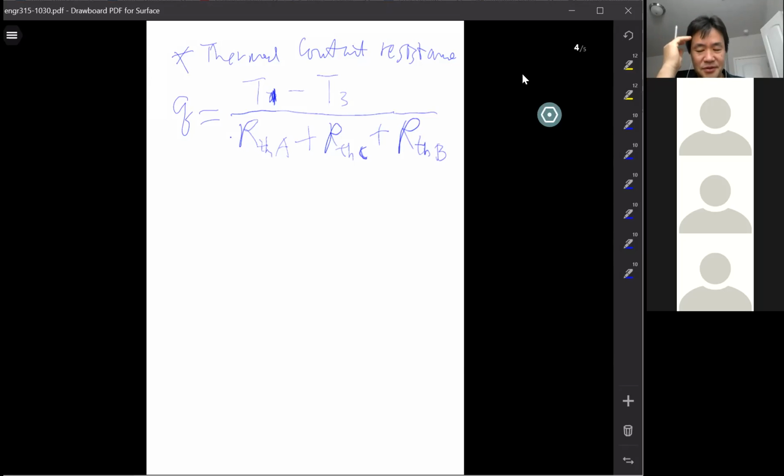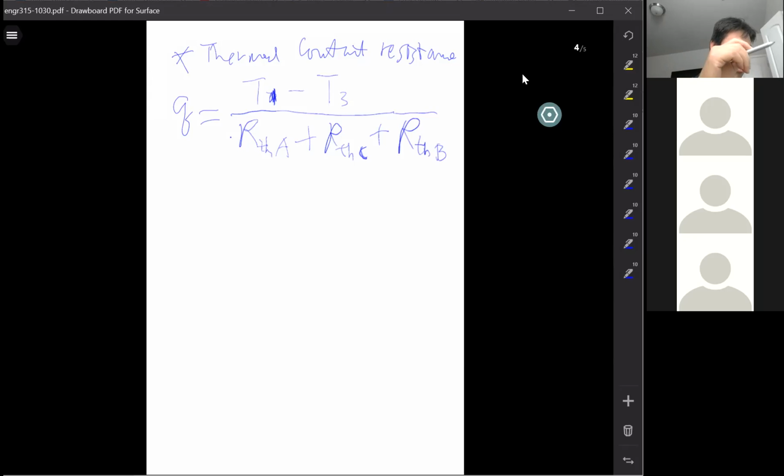This is the way you calculate heat conduction, convection, combination problems, whatever. This equation is much easier than remembering the details: starting temperature minus ending temperature divided by all the resistances.